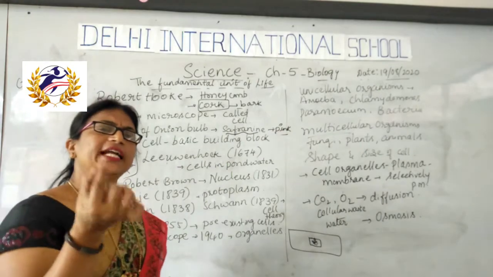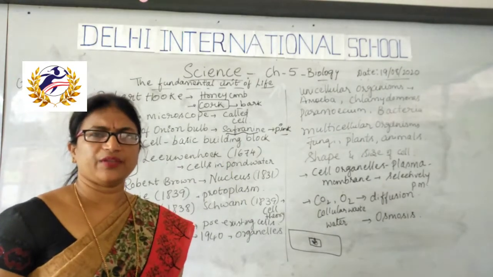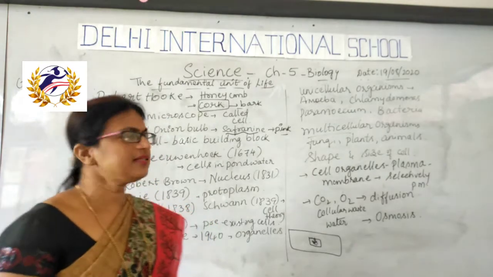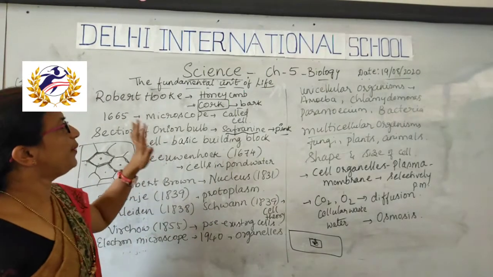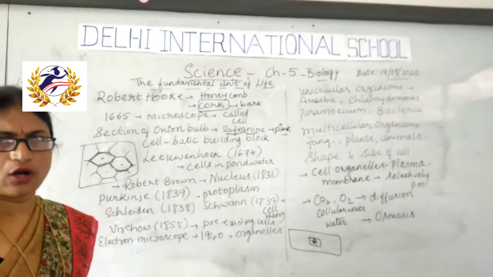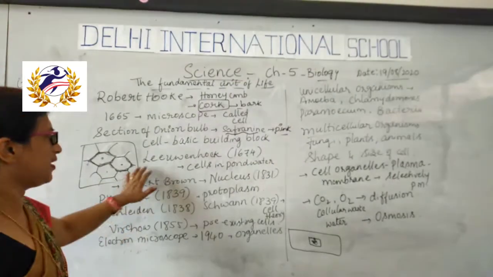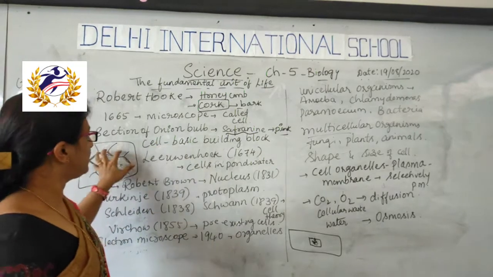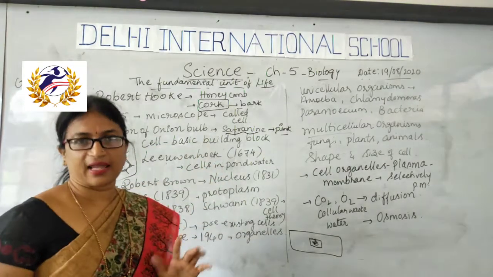In the same way, when each cell is arranged properly and functions properly, the whole living organism is formed. That's why the cell is the basic structural and functional unit of any living organism. So they came to know that the cell is the basic building block of life.